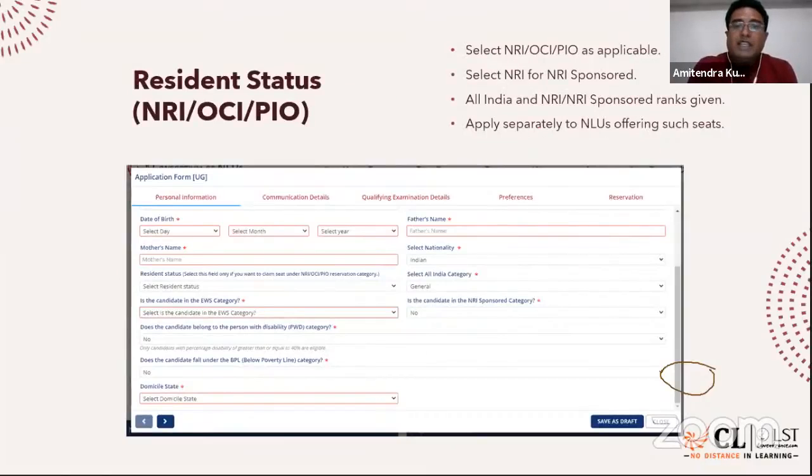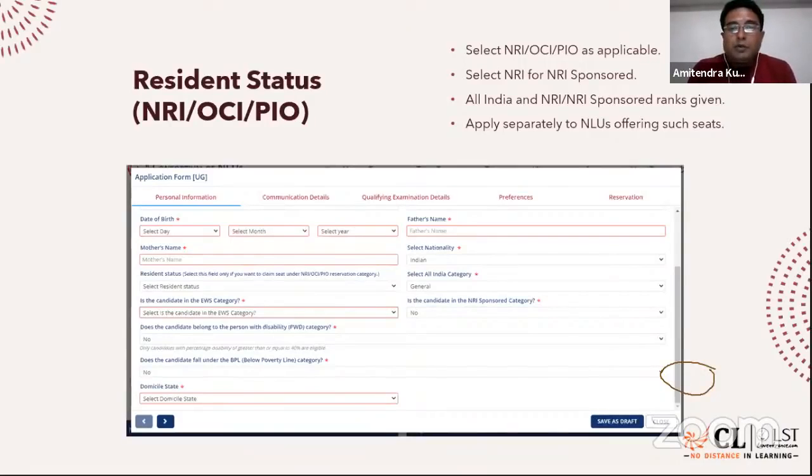Now, as I mentioned, you may apply the form also as NRI sponsored, or an OCI candidate, or a PIO candidate. Right now, at this point of time, you don't have an option given as NRI sponsored. So if you're applying through NRI sponsored, you can be from any All India category, you can be a general category student, but you can even apply through the NRI sponsored category.